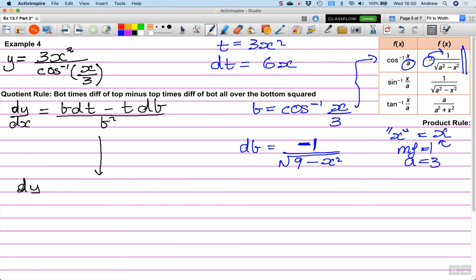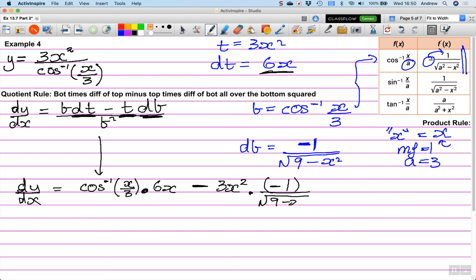So dy by dx is equal to the bottom, and the bottom is cos inverse of x divided by 3 multiplied by the differential of the top, and the differential of the top is 6x, minus the top, and the top is 3x squared, times the differential of the bottom, which is minus 1, better put that in brackets, all over the square root of 9 minus x squared, all over the bottom, which is cos inverse x over 3, all to be squared.